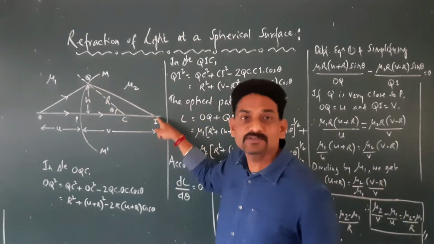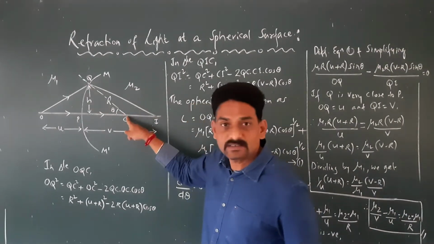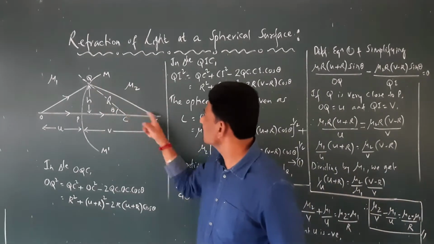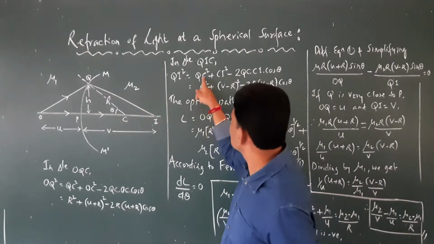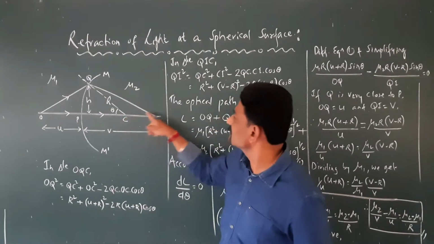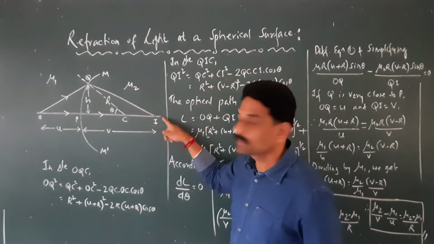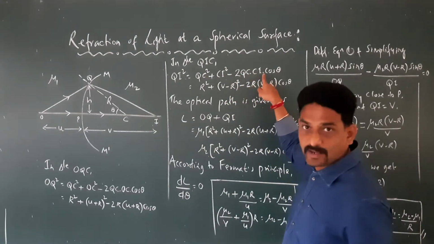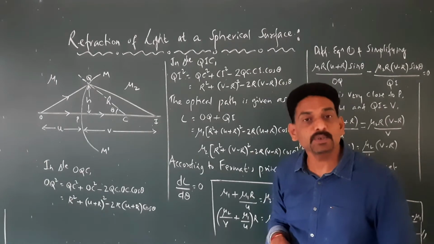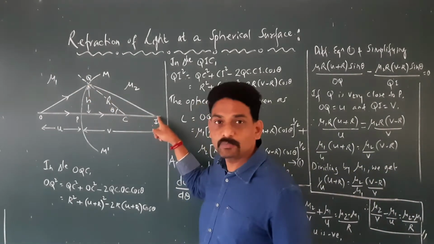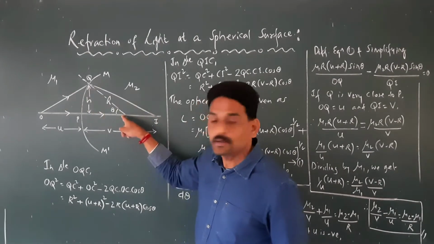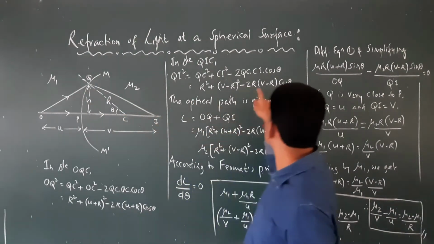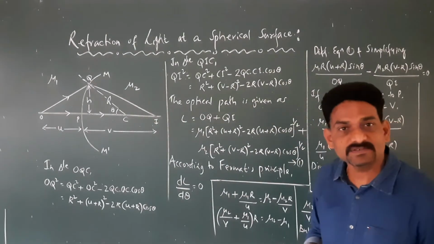Again the same rule of direction cosines is applied, as for the triangle OQC. So QI square is going to be QC square plus CI square, minus 2 into QC into CI into cos theta, by applying the direction cosines, right?